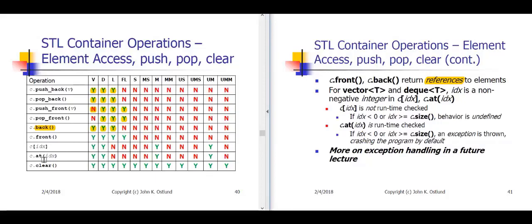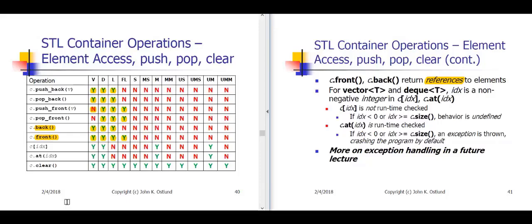If we wanted to get a reference to the back element of a forward list, we would have to write our own algorithm to traverse through all of the elements from the first element all the way to the last element, and then give a reference to that back element. Front, on the other hand, which also gives us a reference to an element, works for all of the sequence containers, vector, deck, list, and forward list.